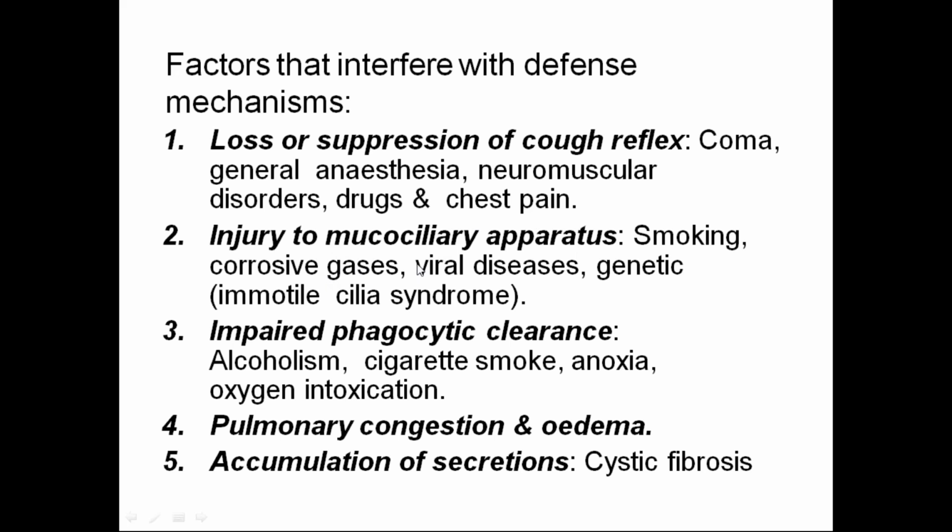Then injury to the mucociliary apparatus, seen in smokers, corrosive gases, viral diseases, and certain genetic conditions like immotile ciliary syndrome. And impaired phagocytic clearance in alcoholism, cigarette smoking, anoxia, oxygen intoxication, pulmonary congestion and edema, and accumulation of secretions.